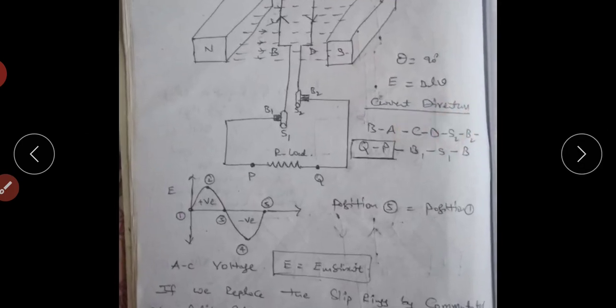In case of slip rings, in position 2 and position 4, the dynamically induced EMF values are maximum, equal to BLV. But in position 2 and position 4, the current directions are reversed. In position 2, the current flows from P to Q in external load.